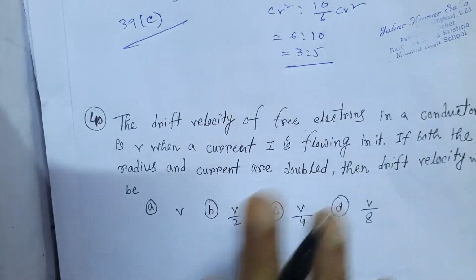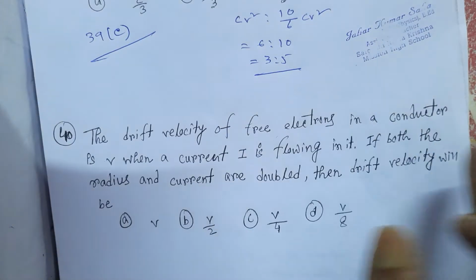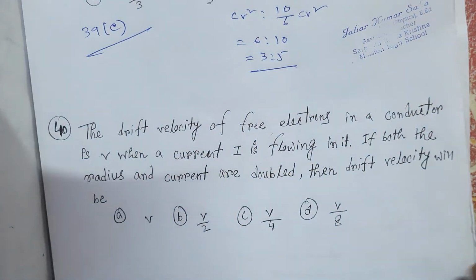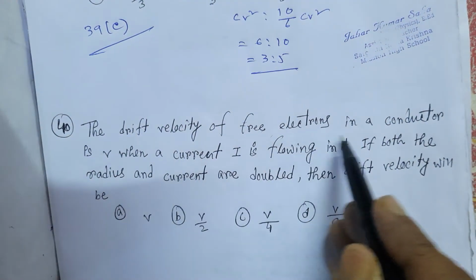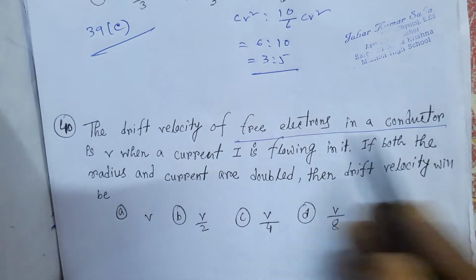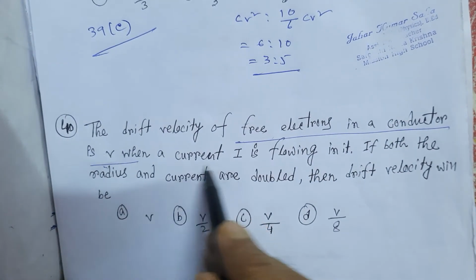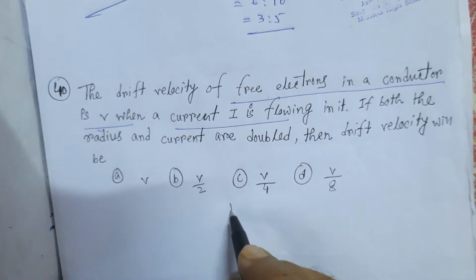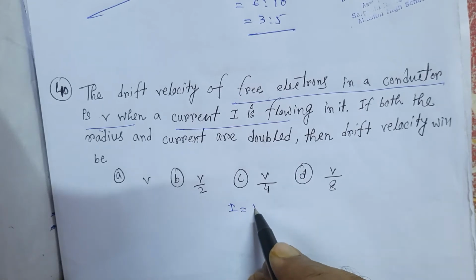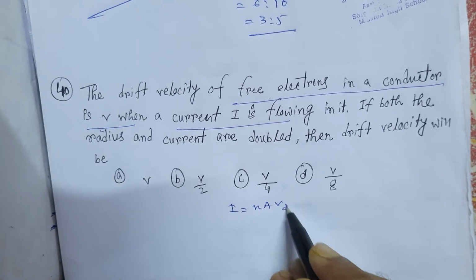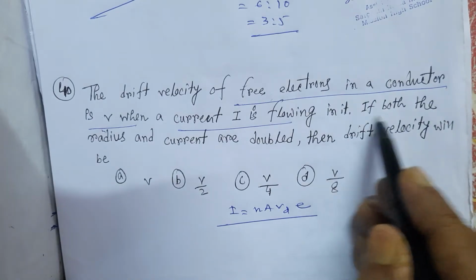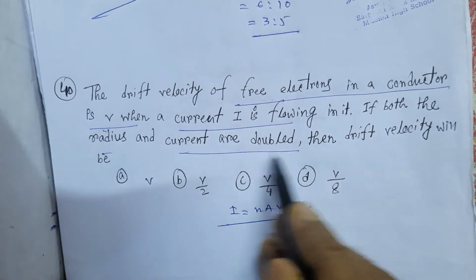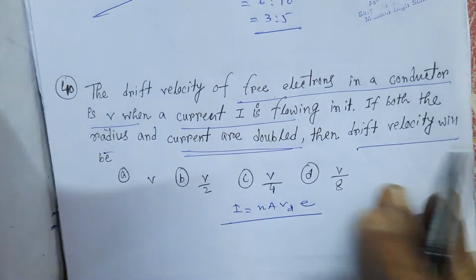Now let us take question number 40. It is a drift velocity related problem. The drift velocity of free electrons in a conductor is V when a current I is flowing. We know the drift velocity equation, I equals N A V_d E. If both the radius and current are doubled, then the drift velocity?